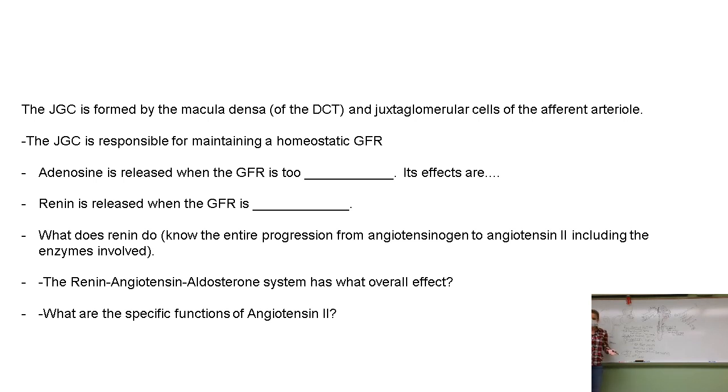Constriction or dilation of the afferent arteriole, for example, in order to adjust GFR to get it back to normal. And again, GFR is glomerular filtration rate. This is just how much fluid we're actually filtering out of the glomerulus. Why is it so important to have a normal GFR? What happens if GFR is too high?